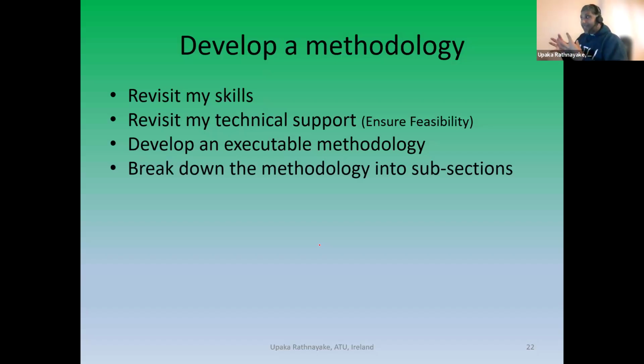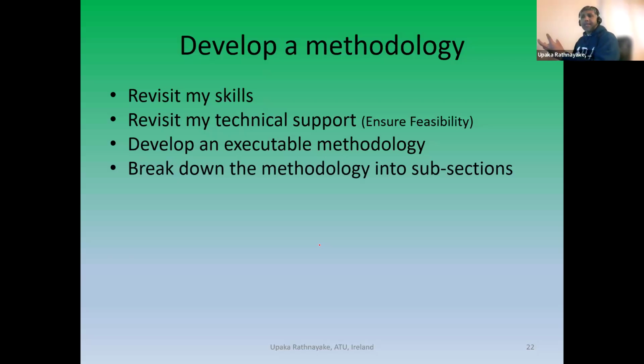So in that case, I would break down the methodology into subsections. So rather than looking at the holistic view, I would look into different aspects of the methodology. So I would break down the methodology section into subsections.